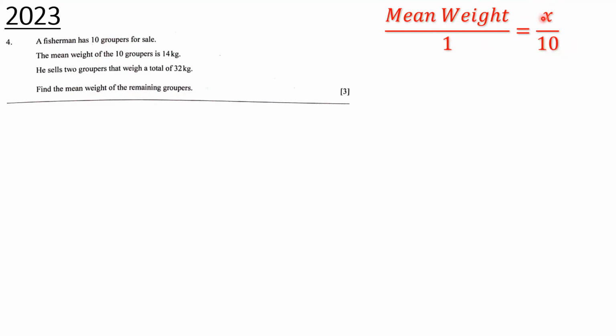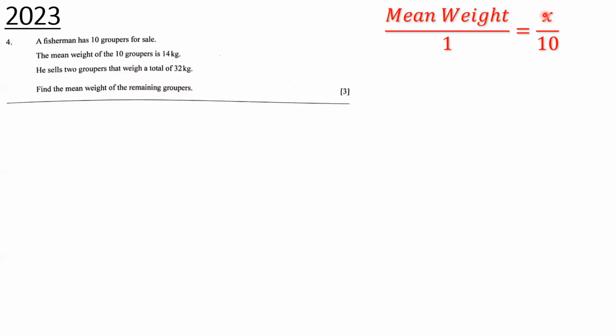And the sum of these 10 groupers, the sum of their weights, is what we're trying to figure out, and that's why we have X. So again, the formula for mean weight is going to be equal to the sum of all of their weights on top, divided by the number of groupers, which is 10.